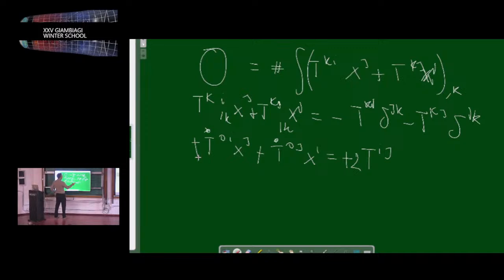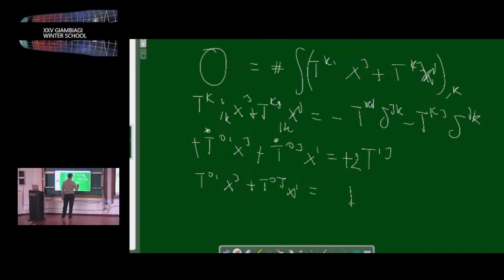So now let's go on. This is not quite what we wanted. We wanted the Tij, I mean, this is correct, but it's not what we want. I'm trading Tij for the first moment of the momentum density, the first derivative of momentum density. So what I want is to take this. Let's forget the derivative, we'll add it later. I want to trade this for a second moment of T00. How do I do it?